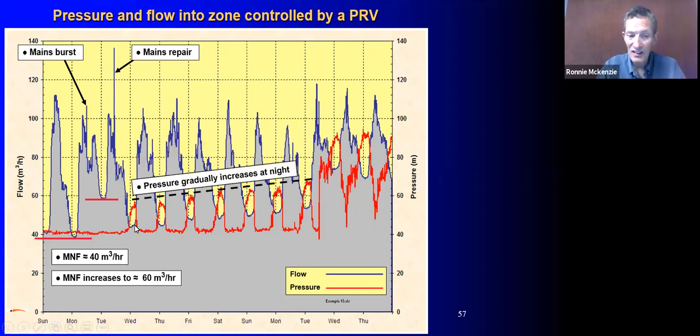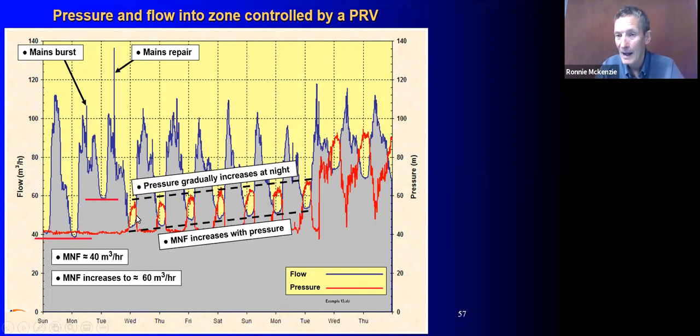And then it starts creeping up every night. You can see the minimum night flow here. There's the minimum night flow. It's creeping up every night over a period of about a week. The reason it's creeping up is the pressure reducing valve is gradually failing. Obviously, something happened when the pipe was repaired.